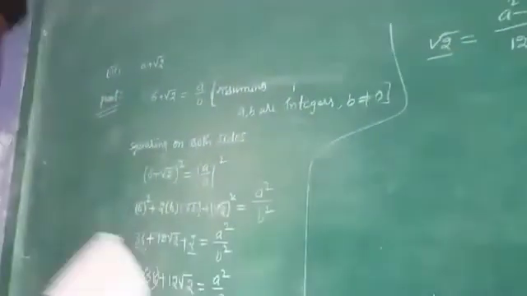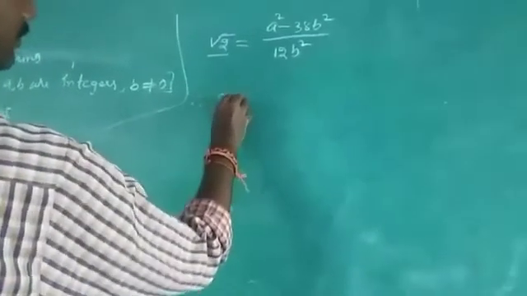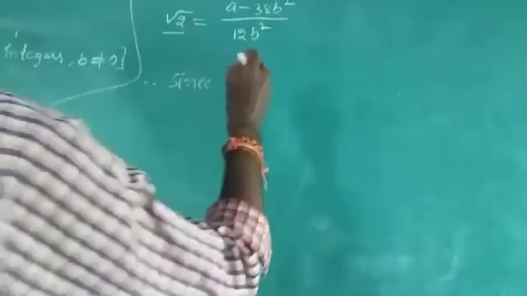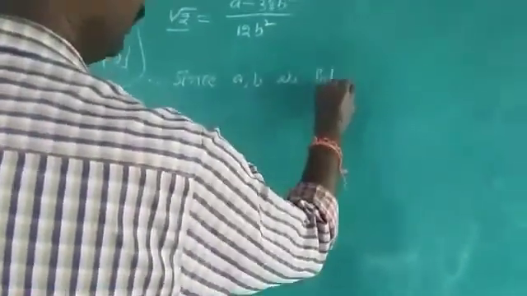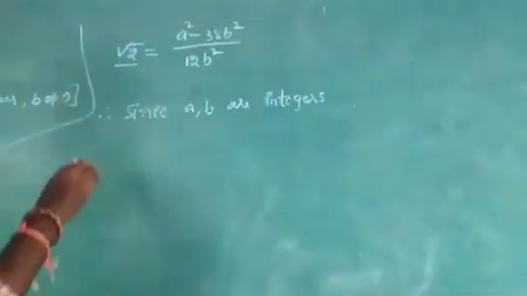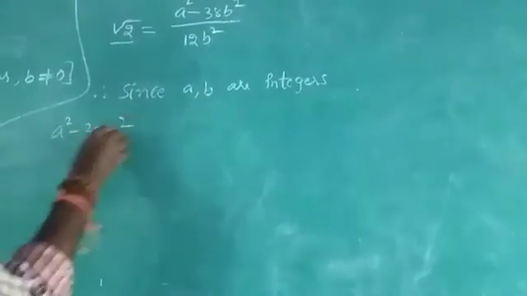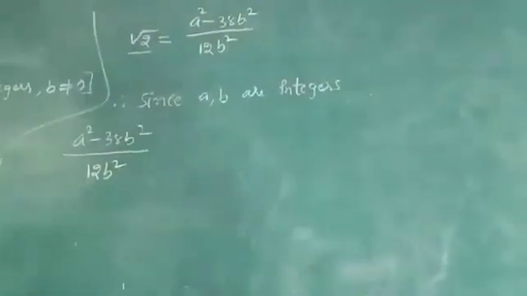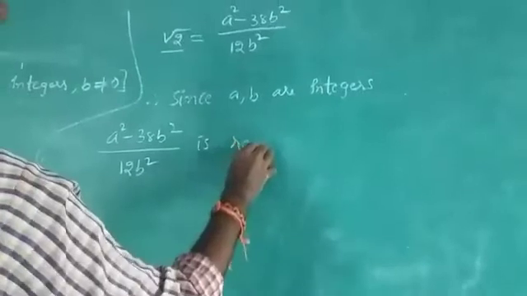So that's why I am going to write here: since a, b are integers. I told you in the beginning only, these are integers. a square minus 38 b square by 12 b square is rational.